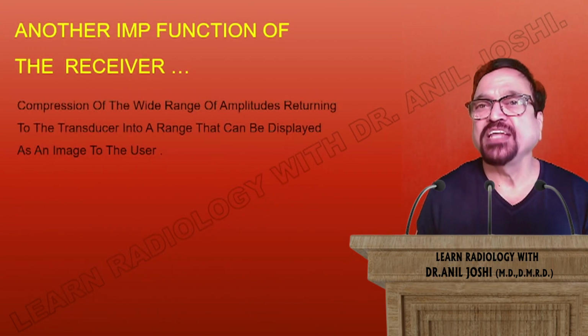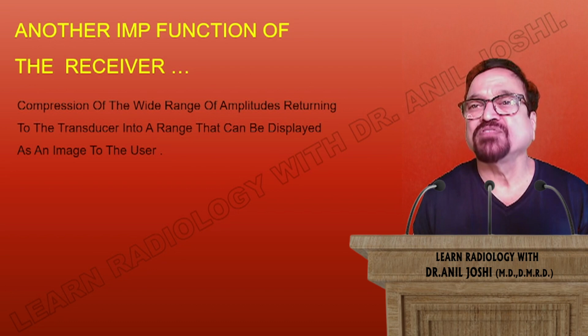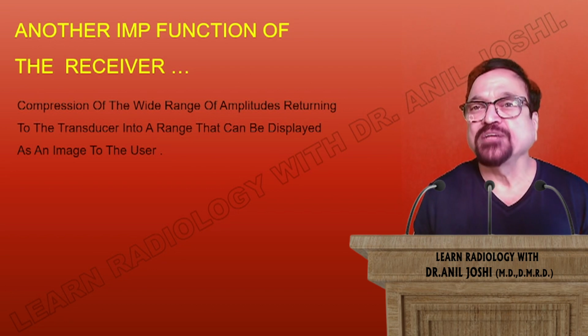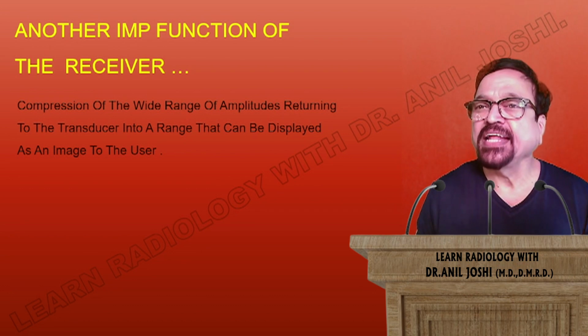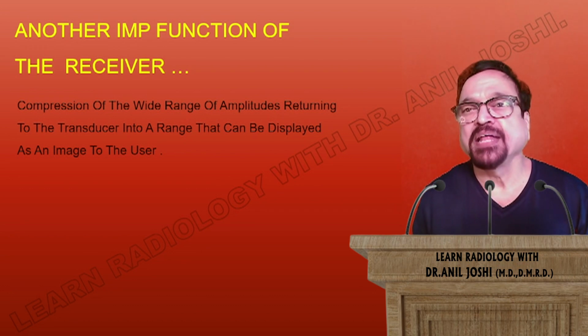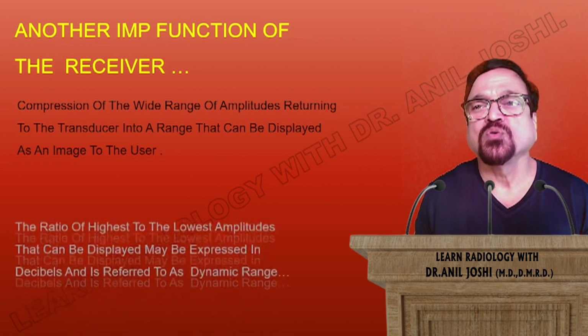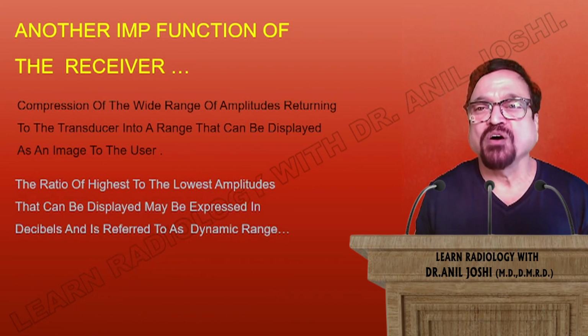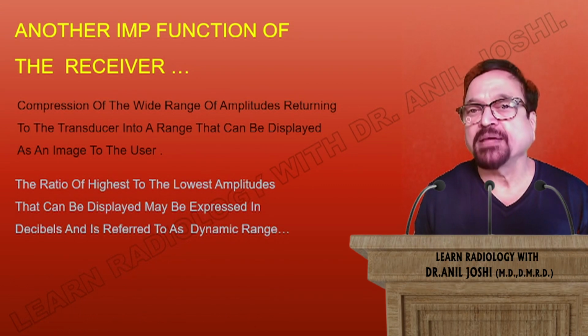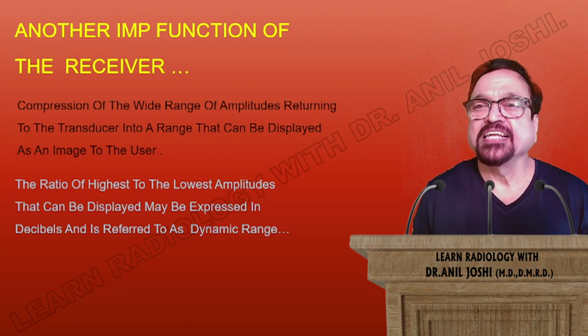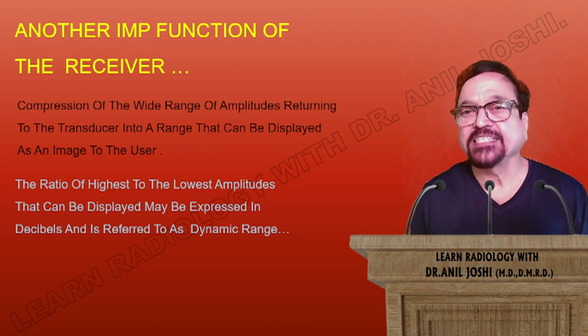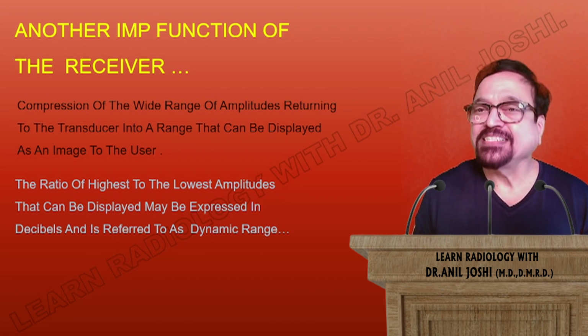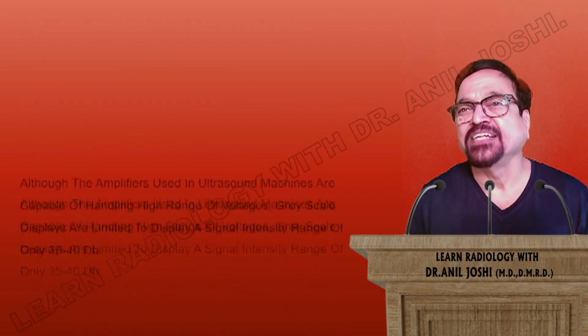Another function of the receiver is to compress the wide range of amplitudes returning to the transducer into a range that can be displayed as an image to the user. The ratio of the highest to the lowest amplitude that can be displayed may be expressed in decibels and is referred to as the dynamic range.